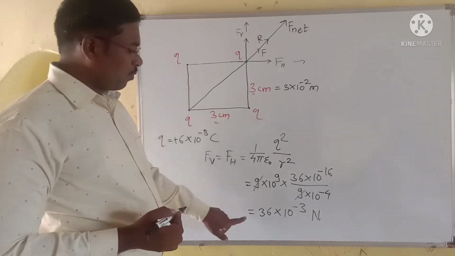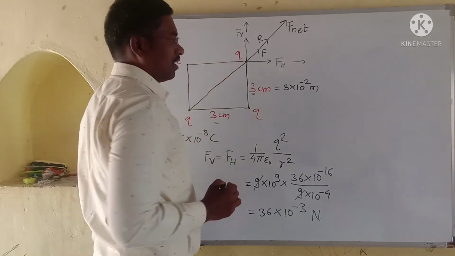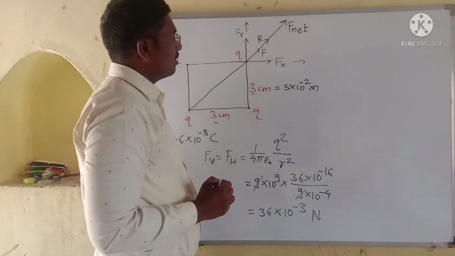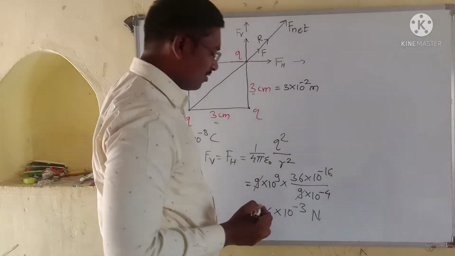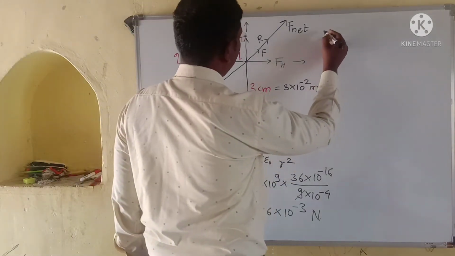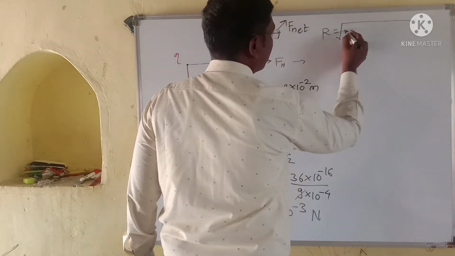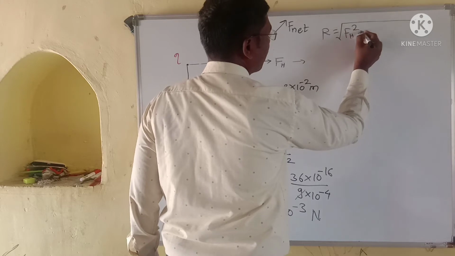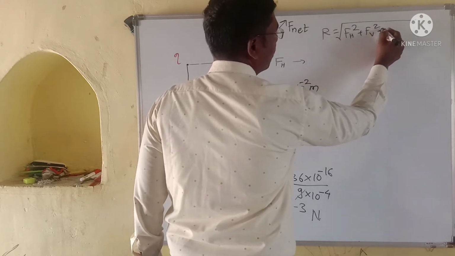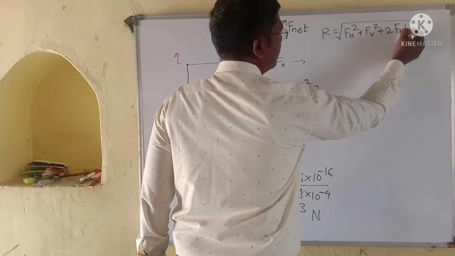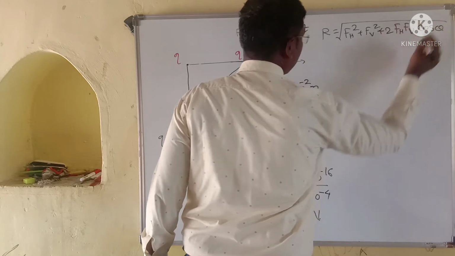There are two forces that originate from the same point and act in different directions. So the resultant of these two forces can be calculated as R, which is equal to under root F_H square plus F_V square plus 2 times F_H into F_V into cos of theta.